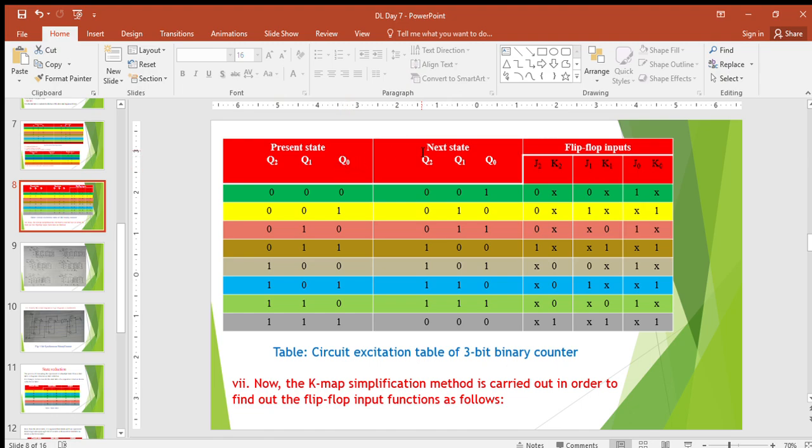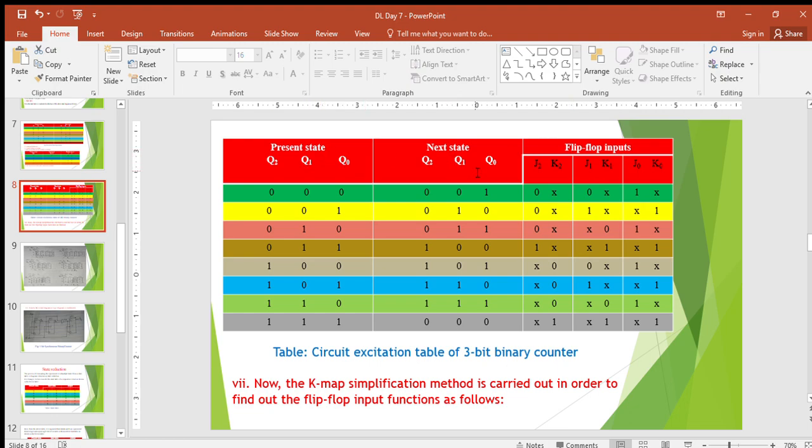The next state also has the states Q2, Q1, and Q0. I already mentioned that you can denote them as Qt plus, Q1 plus, or Q0 plus as per your choice. Here I have designated the next state similar to the present state.